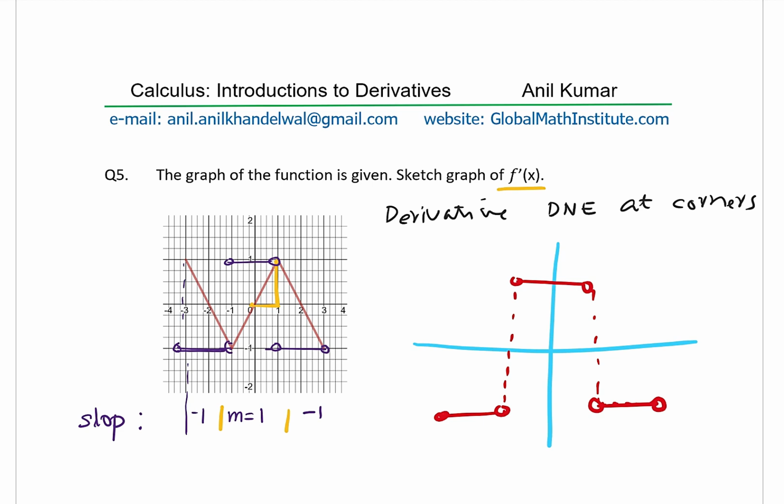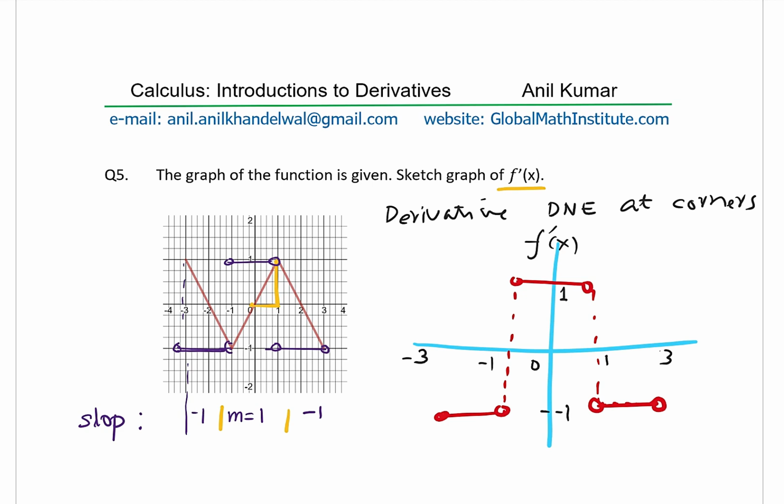So the derivative is here. You can say this is your derivative of this particular function. Shown there, this is minus 1, that is plus 1, and this is your minus 3, and that is plus 3. So that is how you're going to sketch the function. It is of slope minus 1 and 1 in the given intervals as shown.